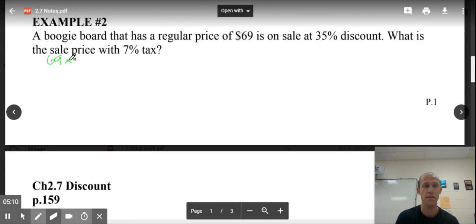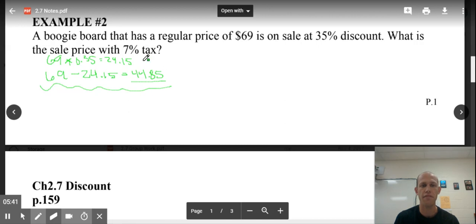So 69 times 35% as a number, you will get out 24.15. Then we will subtract that because we are having a discount, and you will get out $44.85. Oops, 85 cents.